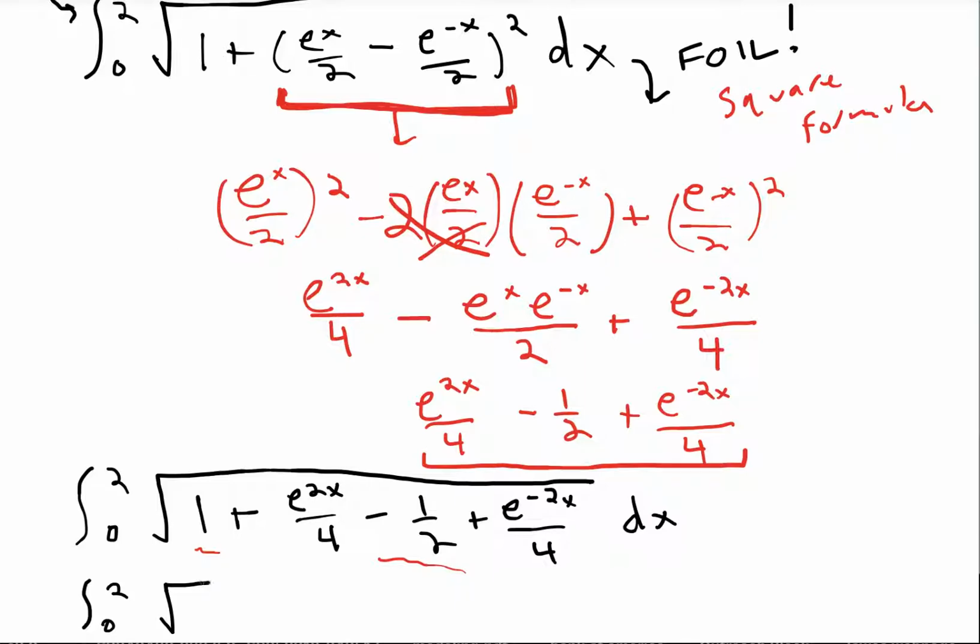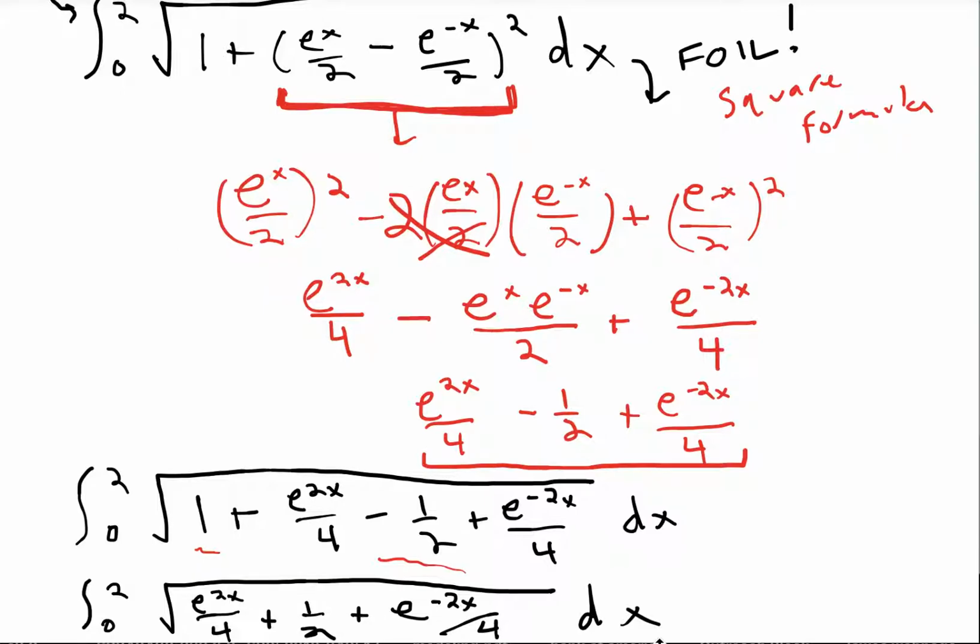I'm not going to leave the constant term in the front. I'm going to leave the constant term in the middle. So this e to the 2x over 4 will lead. If you take 1 minus a half, it gives you plus a half. And the term on the end did not change. This is still over 4, and that's what I'm integrating.